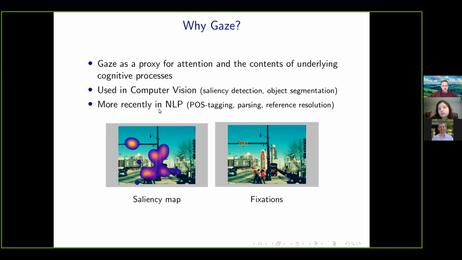Gaze has also been used in NLP for part-of-speech tagging, for parsing, for reference resolution, I think usually inspired by reading studies. There are lots of studies on reading that use eye tracking. Here as well, it's only text, and usually it's just attention over text. Again we see that gaze is used in an aggregated manner.